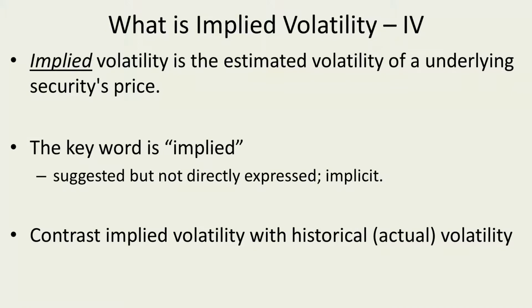So historical volatility is just what it was in the past. It's a fact now. We know what that volatility is, and we could obviously document that. Implied volatility is what we think it's going to be. We have a pretty good understanding, and as the definition said, suggested but not directly expressed. So I think that should clear it up a little bit.